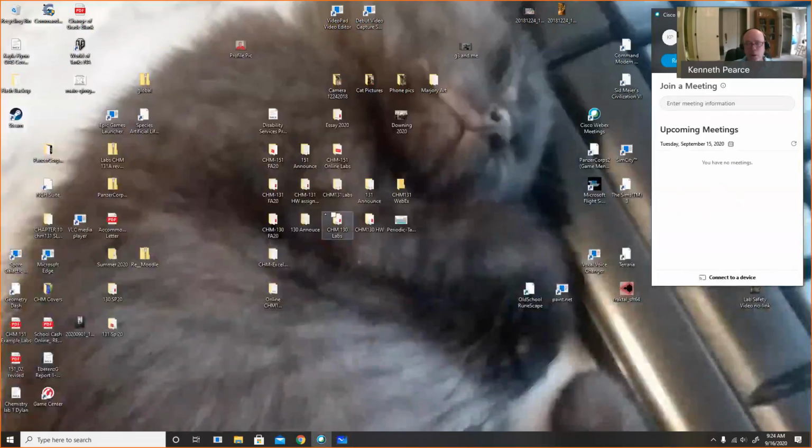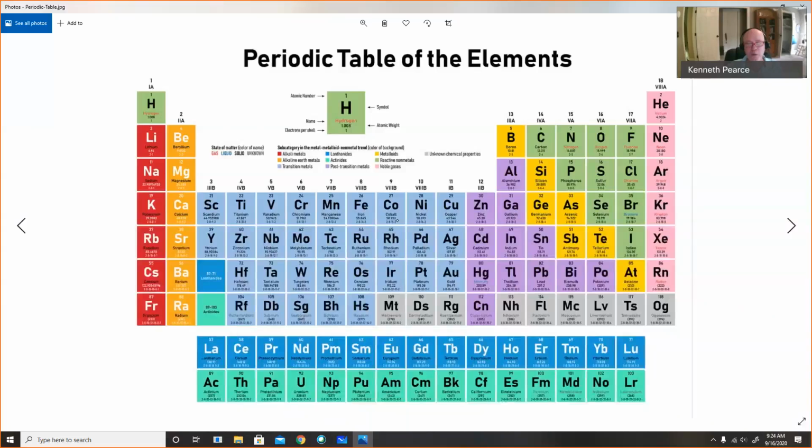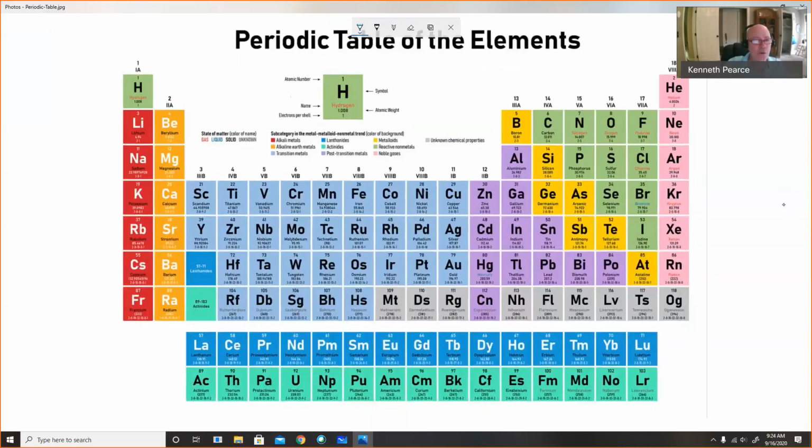Let me pull up the periodic table again. And so we look up here, and if you see, we have 1A, 2A, and just ignore these guys in the middle. Those are special. 3A, 4A, 5A, 6A, 7A, 8A. Okay? And the group numbers correspond to how many valence electrons that we have.